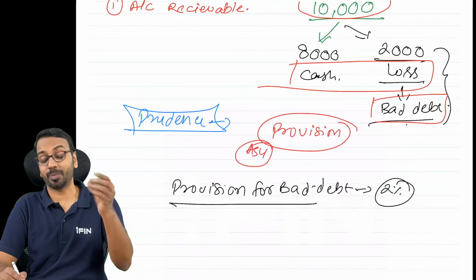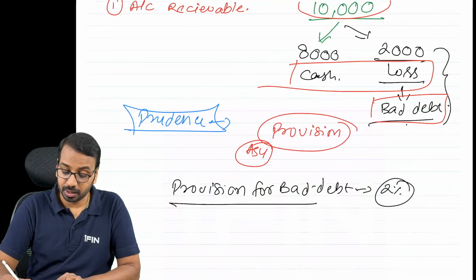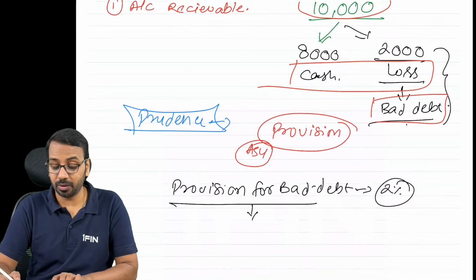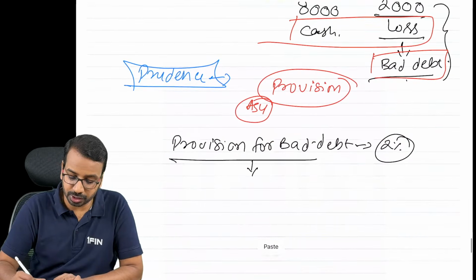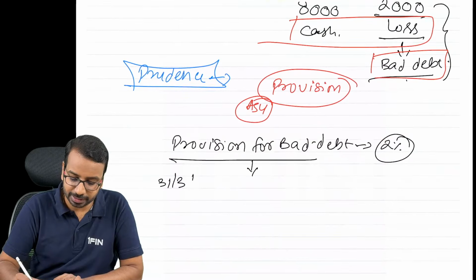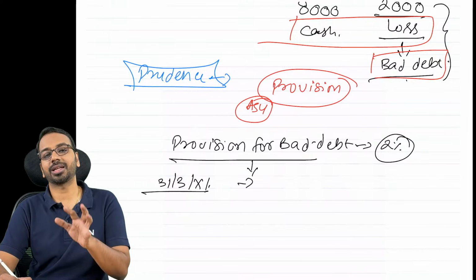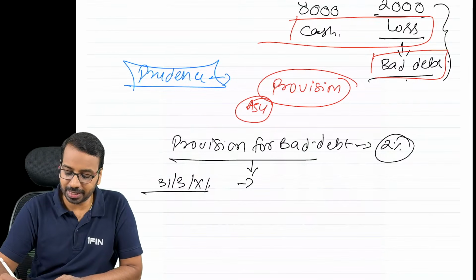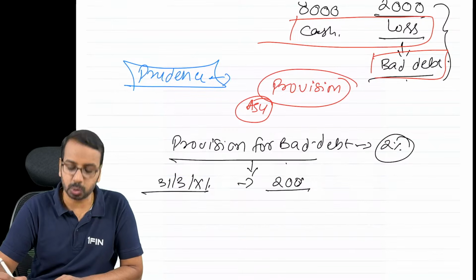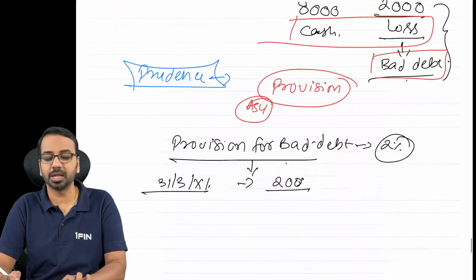Because we know 2% will not pay, we'll create this provision on the balance sheet date. On 31st March of year 1, we'll say, okay, we know some customers will not pay, hence we'll create a provision for bad debt of 2%, that is 200. 10,000 into 2% is 200.